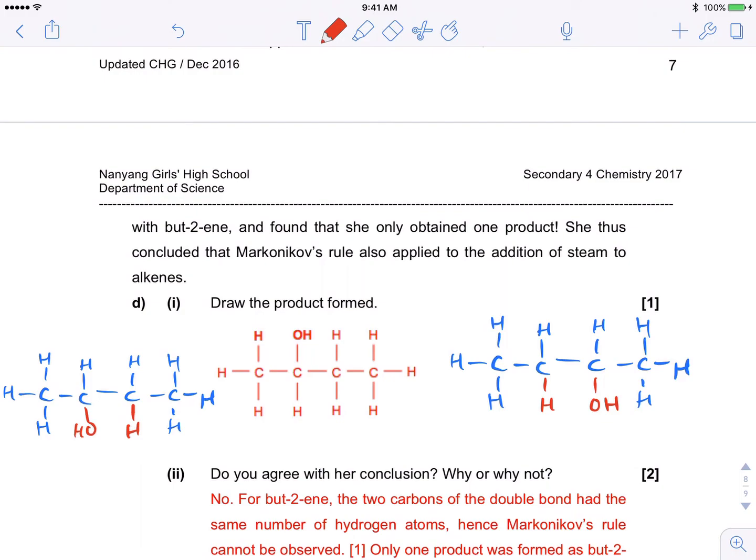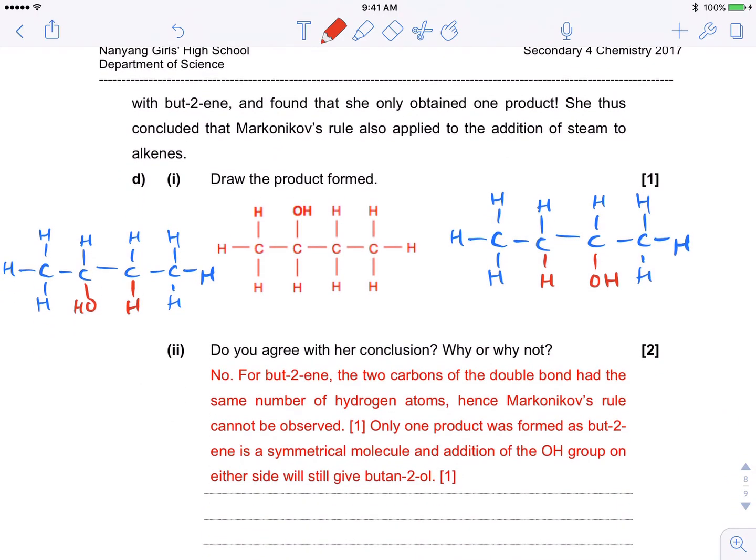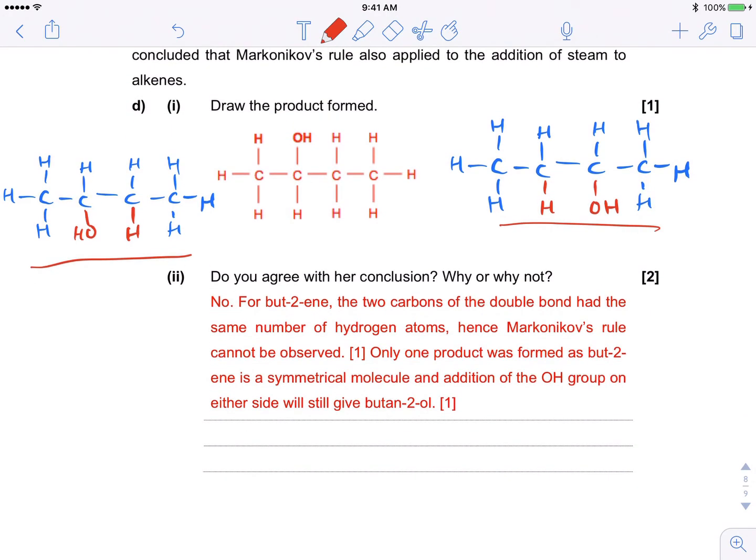Right? Okay, so since there's only one product, it means that it does satisfy Markovnikov rule, right? No, because again, note that these two are the same product. They are both butanol.